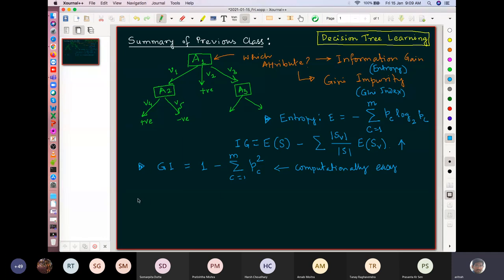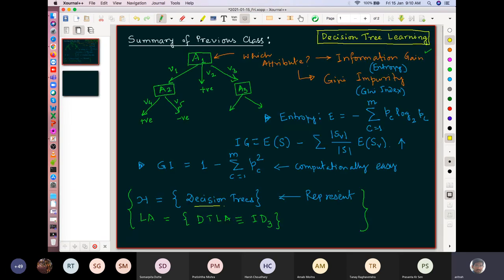Effectively, our hypothesis space that we converged upon is the set of decision trees. That is how we represent our hypothesis, and our learning algorithm was the decision tree learning algorithm. The first learning algorithm that we saw is the ID3 algorithm, which selects the attribute based on information gain, then splits and selects the next attribute based on information gain. So that is what we studied in the last class.